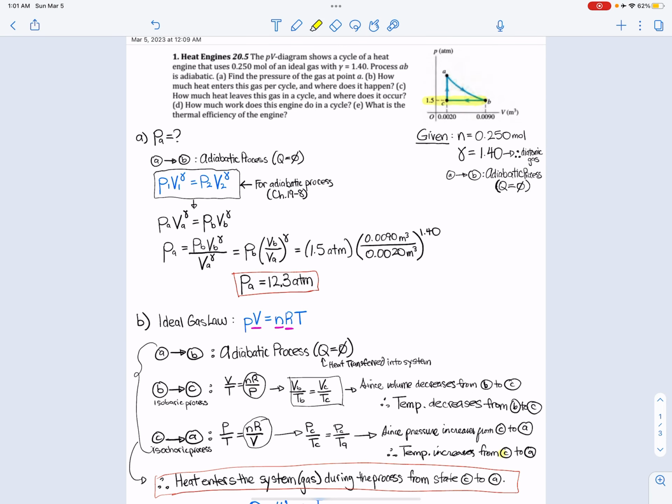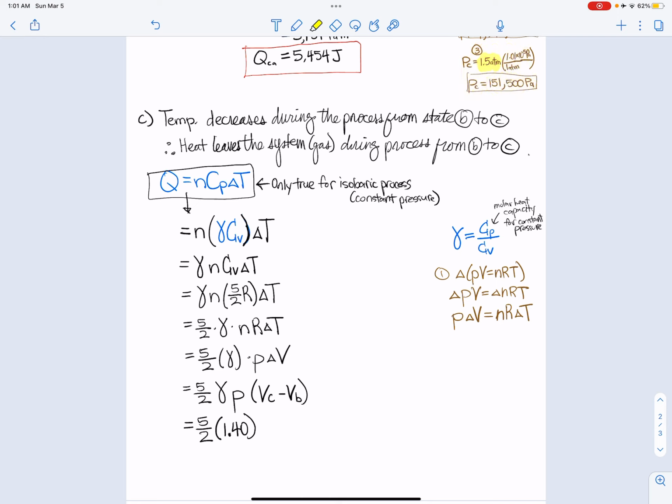And 1.5 ATM is equal to 151,500 pascals, right? We did that in side mission number 3 in part B. Okay, so I will plug that in. That's 151,500 pascals times volume at C.